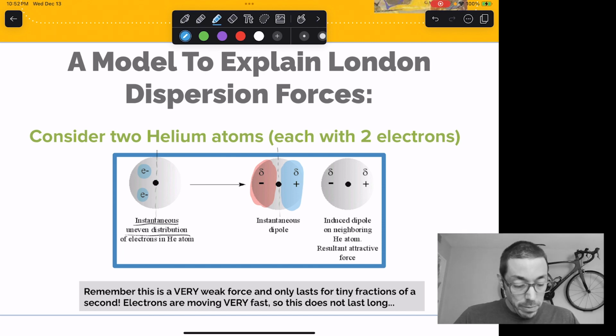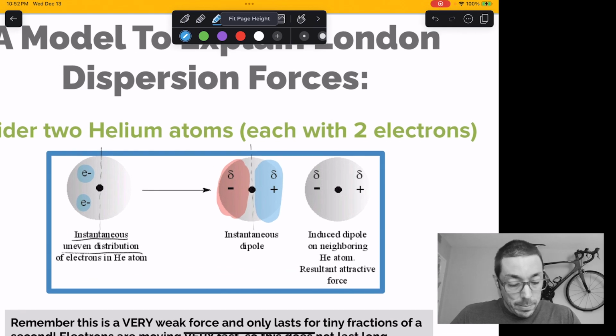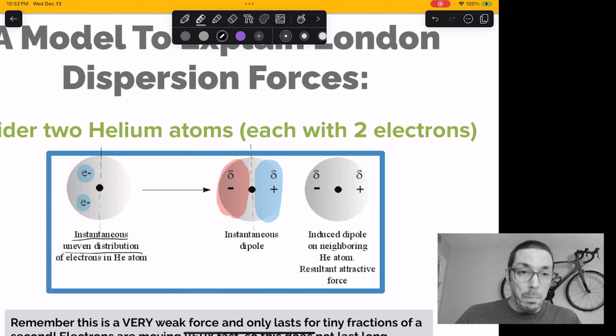And because of that, when this right side is slightly positive, it can actually cause an atom close to it to shift its electrons over to the left side because positive attracts negative. So that's called inducing a dipole on the neighboring atom.